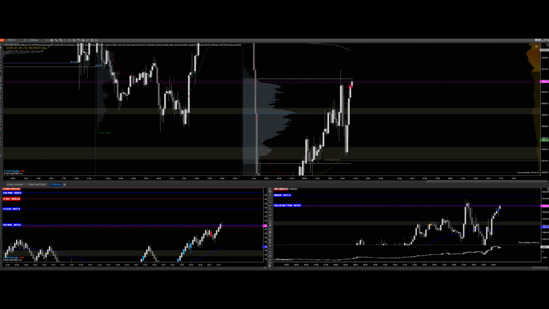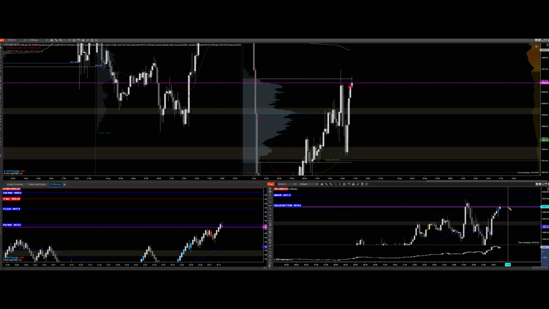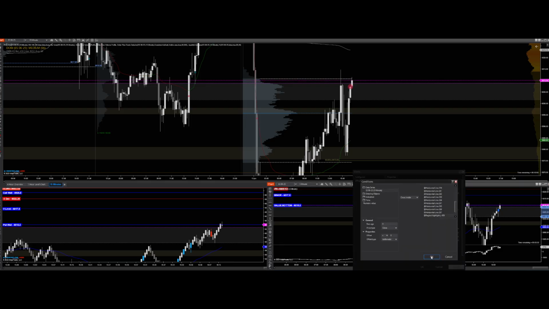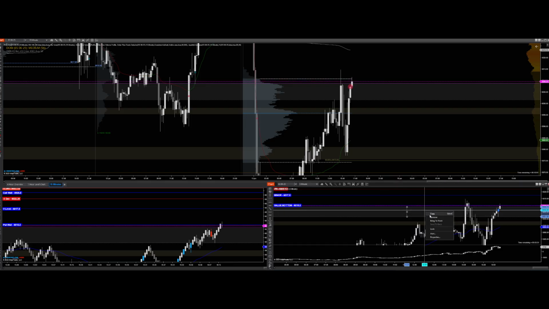Just pushing above, but it's not able to hold. It's not very powerful in the push-up at the moment. We do have a nice accumulation here. I'm gonna put some level on it. Oh, not an alarm. Nope.